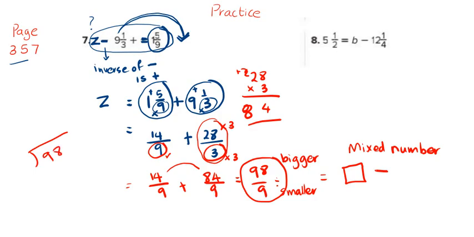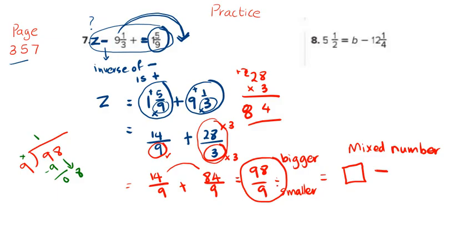98 divided by 9. So how many groups of 9 can I make? I know 9 times 1 is 9, and I got no remainders. Bring down my 8, and with 8 I cannot make any groups because 9 times 1 is 9 and 8 is too little.